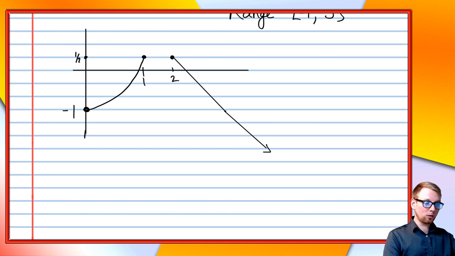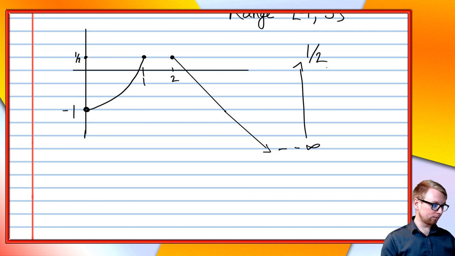Sure, from this point, it's only between -1 and 1/2. But afterwards, it goes all the way down forever. Which means the range, from all the y values that the function exists, has all the way down from -infinity all the way up to 1/2. See what I mean?